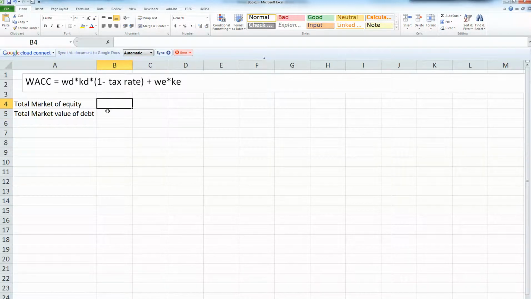What I know about the debt is that each bond sells for $782. Now, I need to know how many bonds are outstanding because I know the price per bond is $782. And if I knew the number of outstanding bonds, I could take that number times the price per bond to get the total market value of debt.